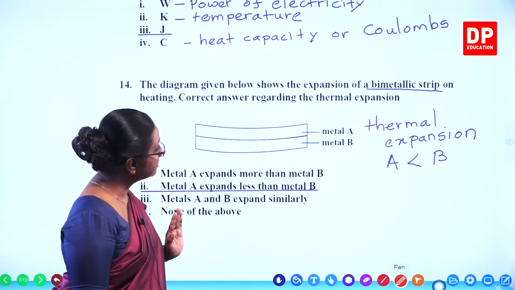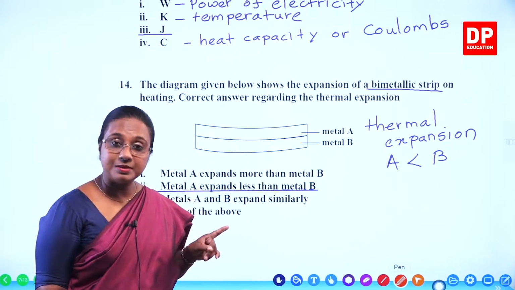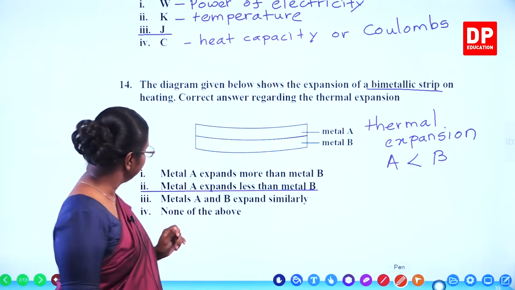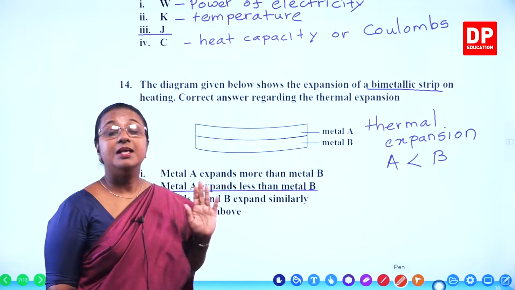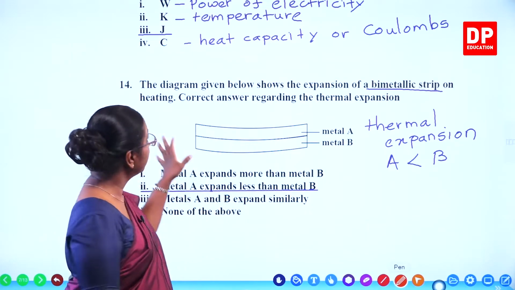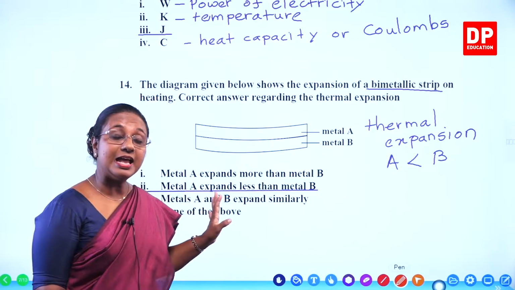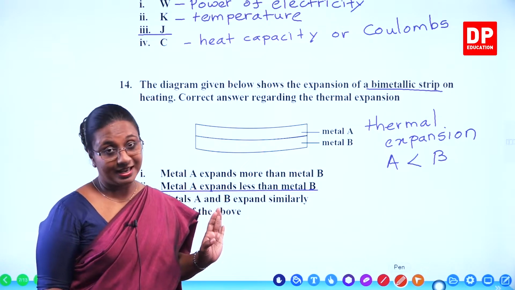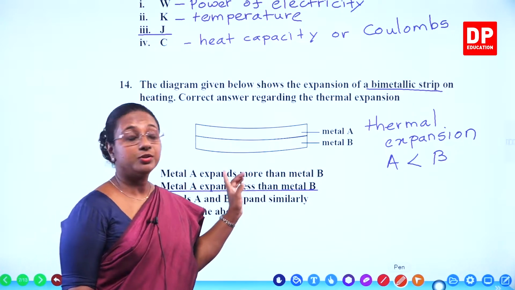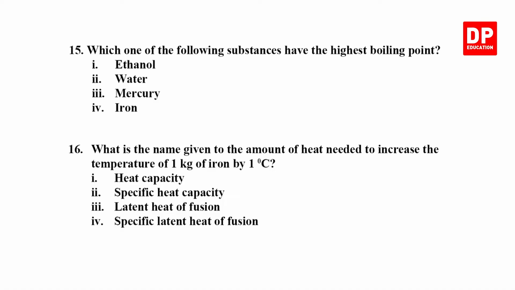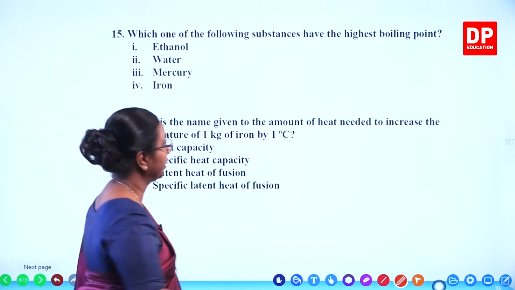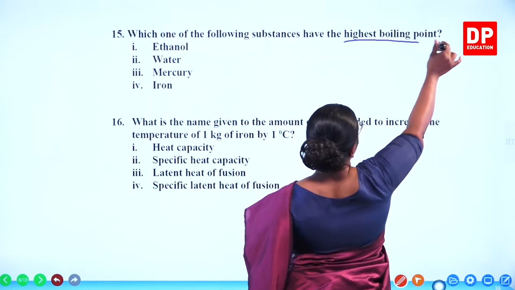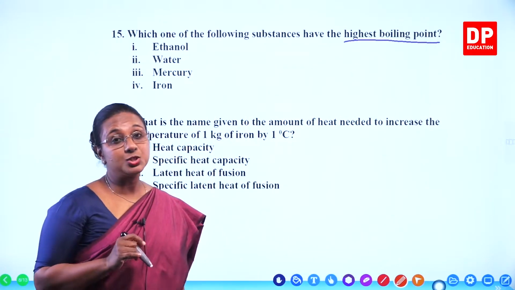So according to this diagram, metal A shows less thermal expansion compared to metal B. I am sure up to now you were able to understand and answer all the questions correctly. With that, I will move on to the next question. Question number 15. Which one of the following substances has the highest boiling point? So here students, you have to find the substance with the highest boiling point.